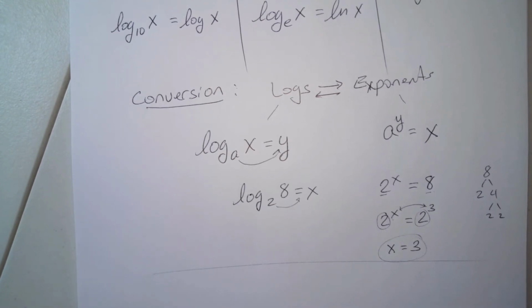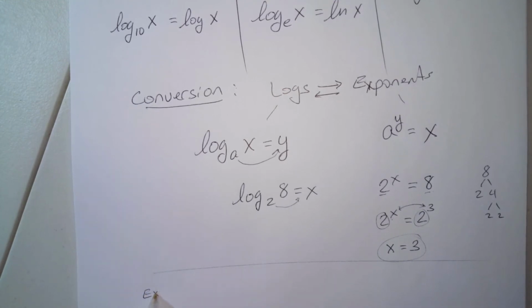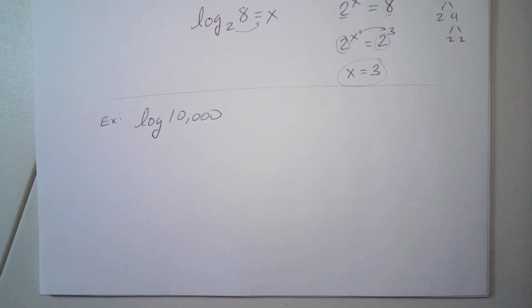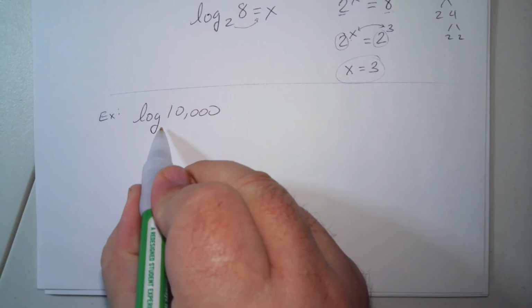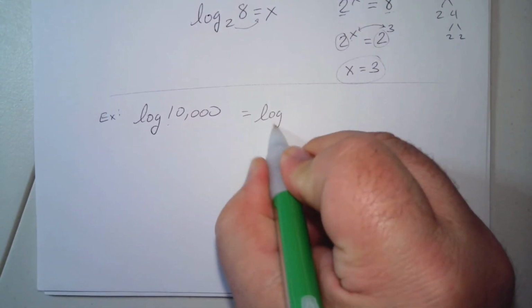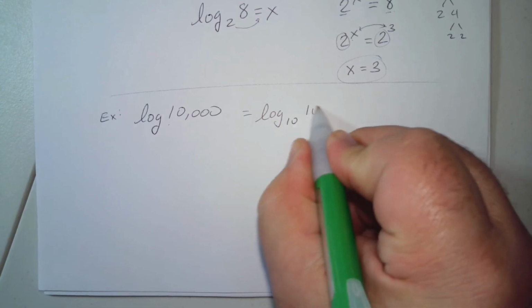All right, let's look at some more examples. So here's some more examples. Log of 10,000. Remember, log, if it has nothing below it, it means it's log base 10.